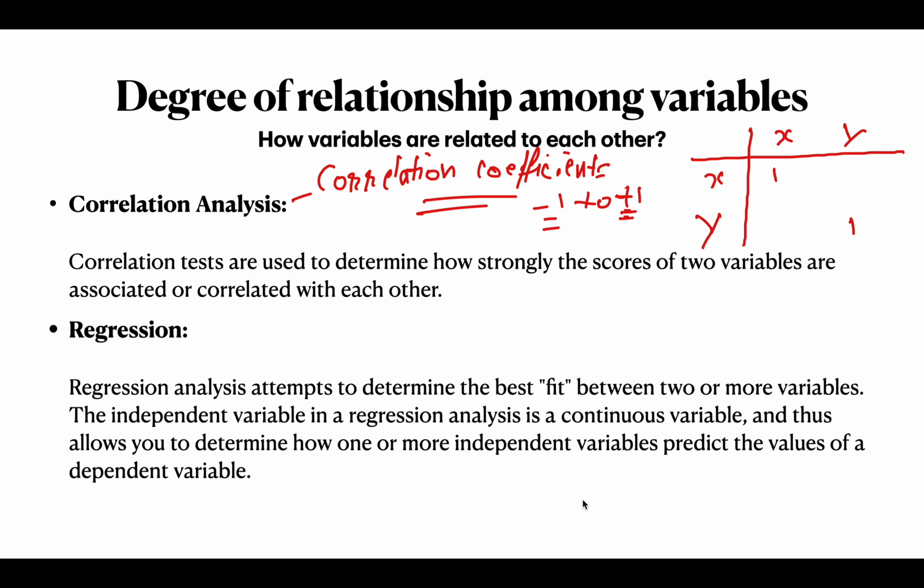What does this mean? -1 means that as the value of X is increasing, the value of Y is decreasing. However, if it is +1, then as the value of X is increasing, Y is also increasing. If there is 0, 0 means there is no relation whatsoever between X and Y. These are completely independent, and X and Y are not related to each other.